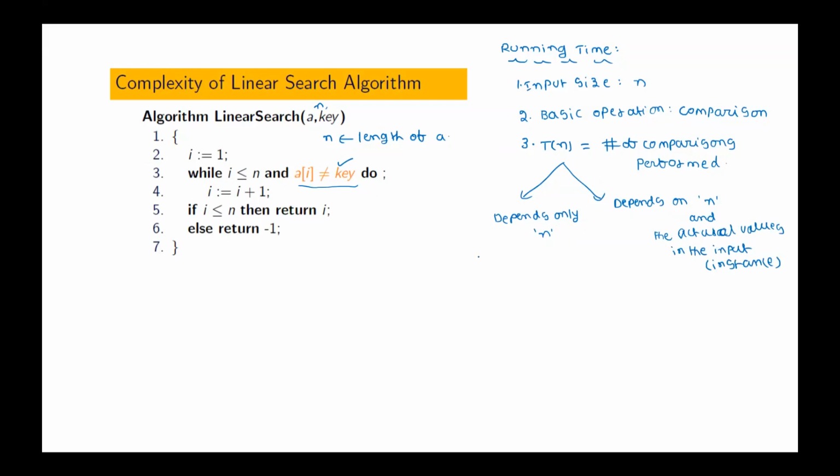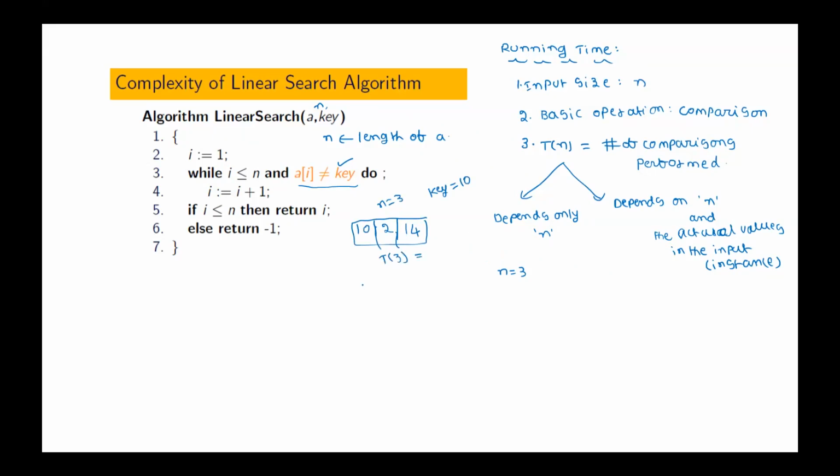Correct. Now, for example, if we take n equal to 3, and our array is 10, 22, 14, and the key is 10, what is T of 3 here?